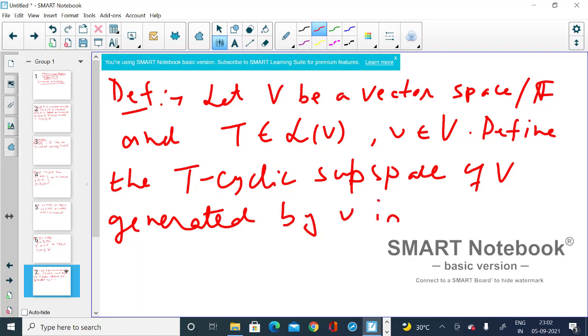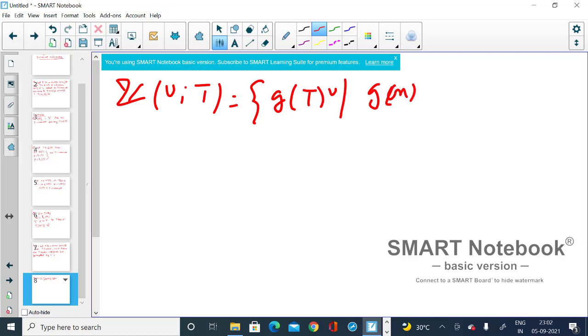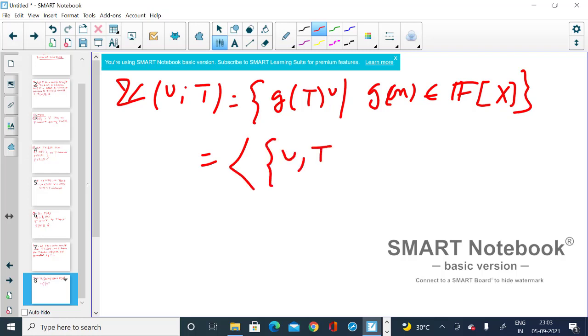We denote it by the symbol Z(v, T), and it is the collection of all such g(T)v, where g(x) is a polynomial, meaning an element of the polynomial algebra over F. And you can easily find out that this is nothing but the span of the vectors v, Tv, T squared v, and so on.